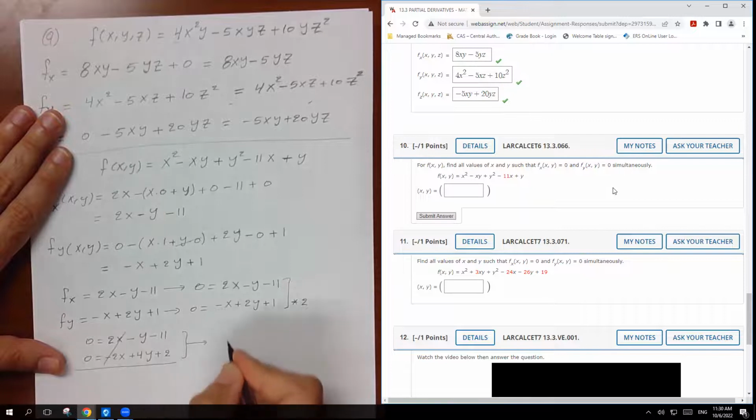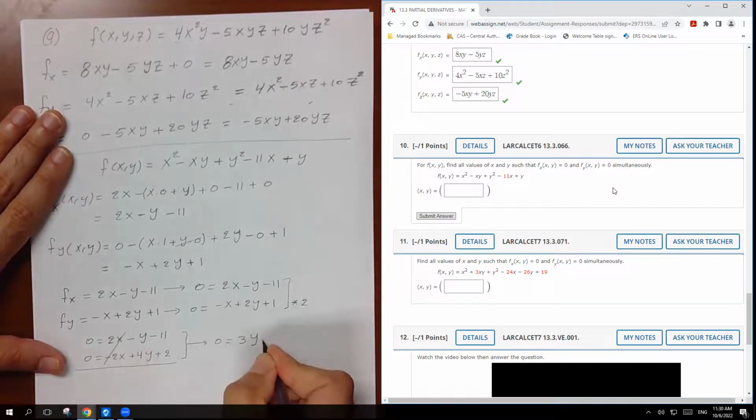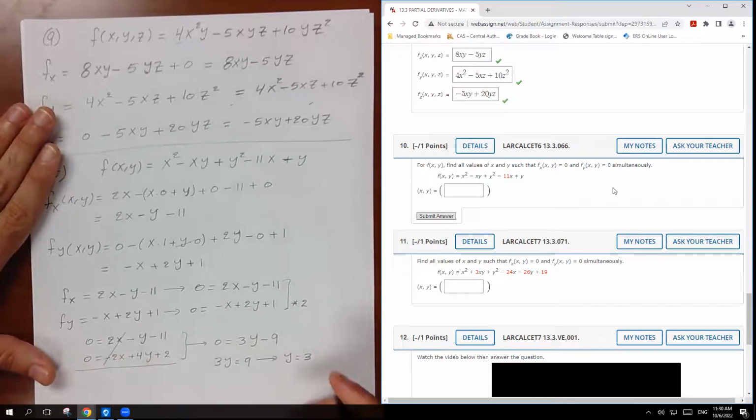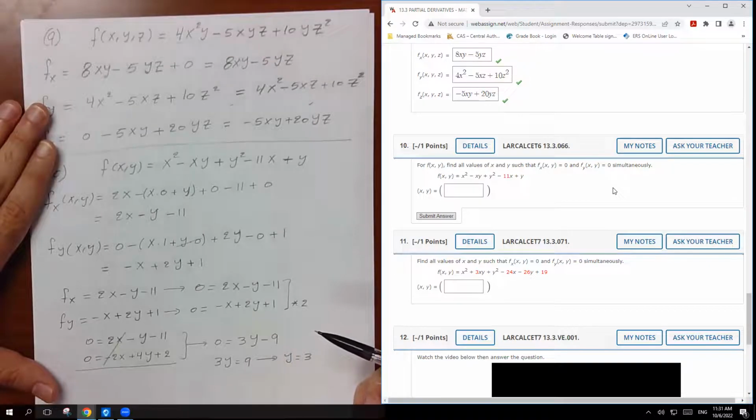So what we got here, we have 0 equal 3y minus 9. That means 3y equal 9. So y is going to be equal 3. Let's check that. Did we do something wrong? We multiply by 2. Negative 9.